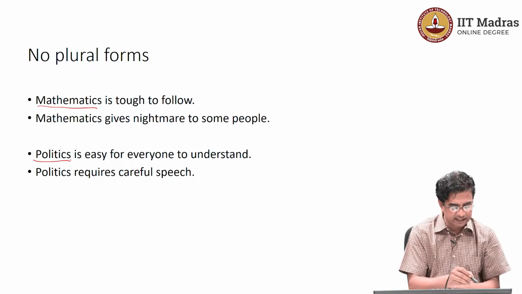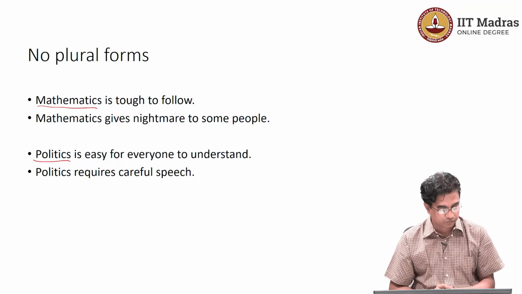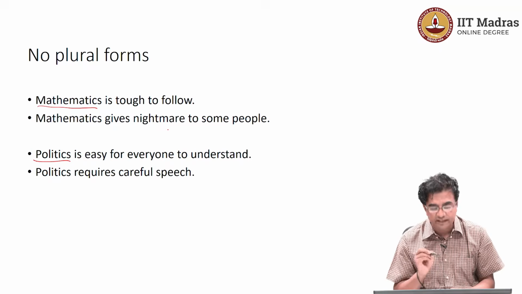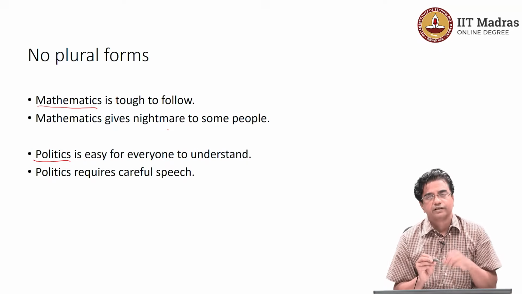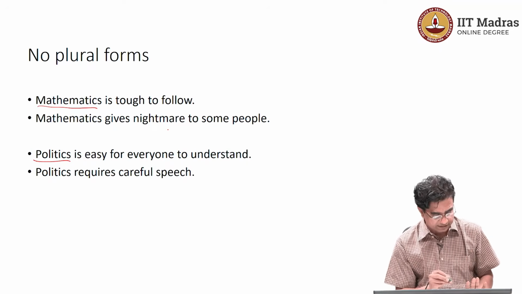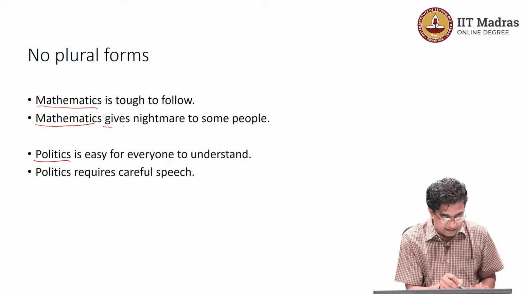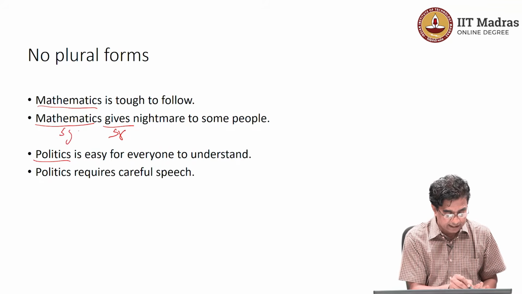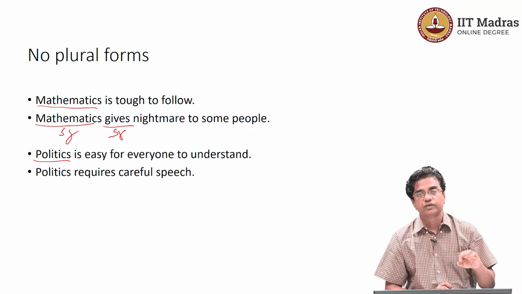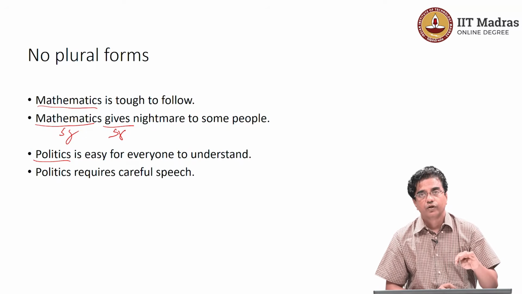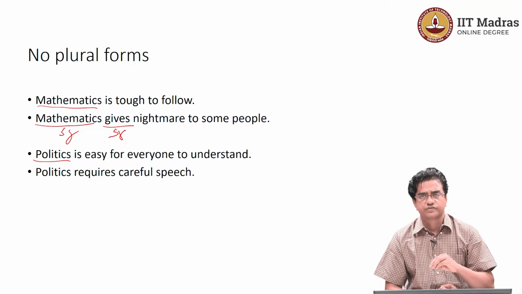So we always say mathematics is tough to follow. Mathematics gives nightmares to some people. We don't need to take them literally, but the point is, this shows singularity in agreement, and therefore it is taken as singular, and we can't argue that these nouns do not have plural forms.